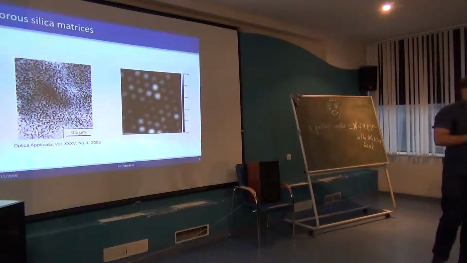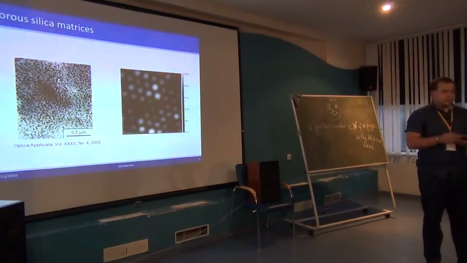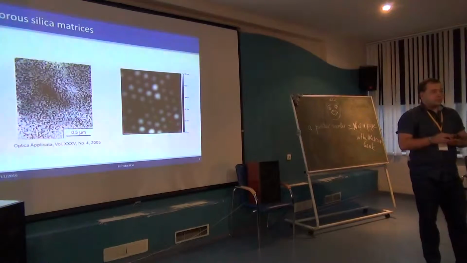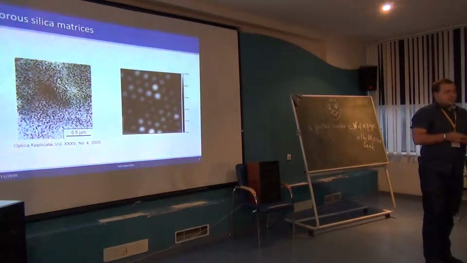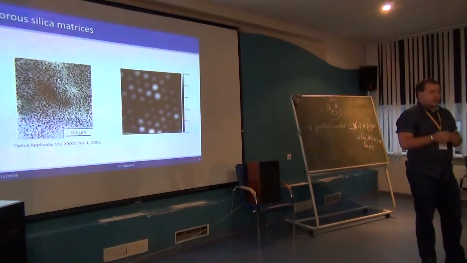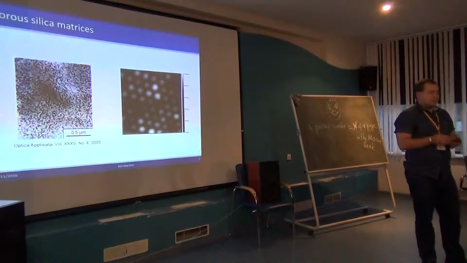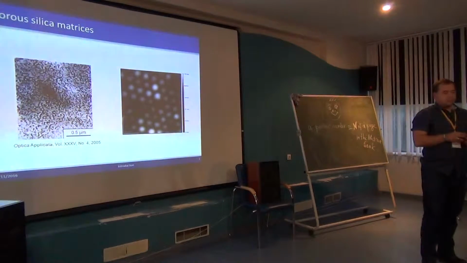The topic of investigation of small metallic particles is quite complicated because some metals are very chemically active, so it's very difficult to keep them in stable state to prevent interaction of these particles with air.